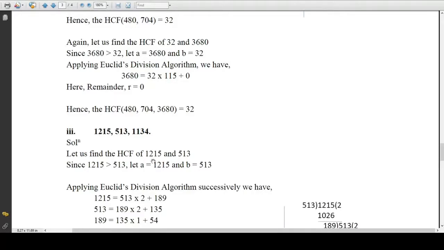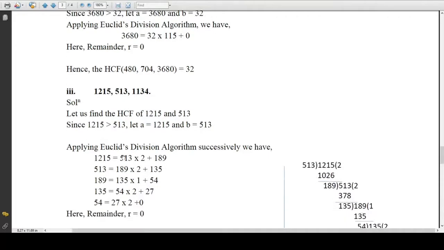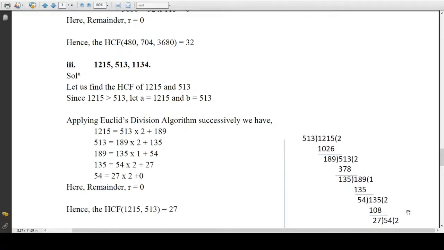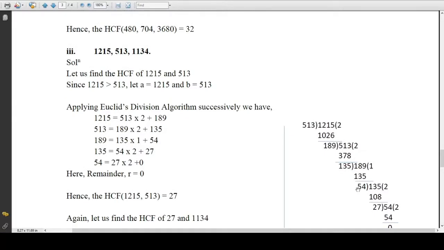Now number 3, in the same way we will proceed with this also. Of the first two numbers, 1215 is greater, therefore we'll take A as 1215 and B as 513. Now applying Euclid division algorithm, 1215 is equal to 513 multiplied by 2 plus 189. 513 is equal to 189 multiplied by 2 plus 135. 189 is equal to 135 multiplied by 1 plus remainder 54. 135 is equal to 54 multiplied by 2 plus remainder 27.